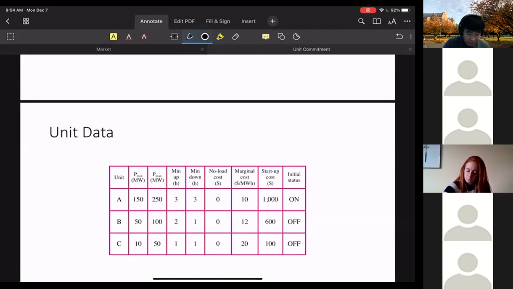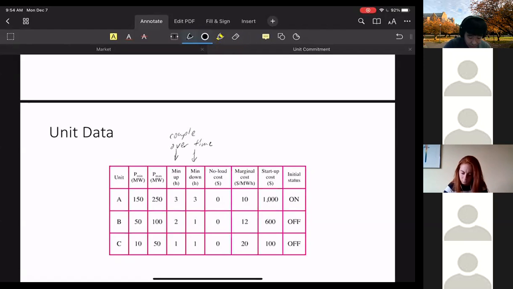They have some minimum generation, maximum generation. They have minimum up and minimum down times. So these constraints basically couple over time.